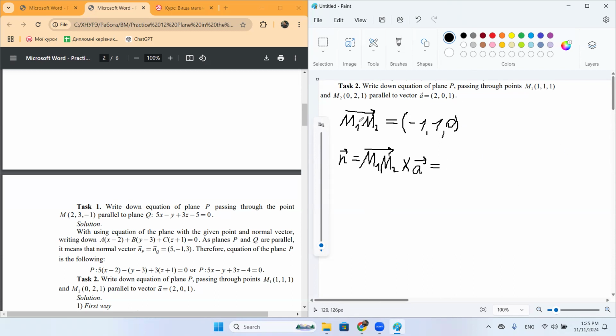So it will be perpendicular to m1, m2, and to vector A. So, calculating the cross product: minus 1, 1, 0, and 2, 0, 1.